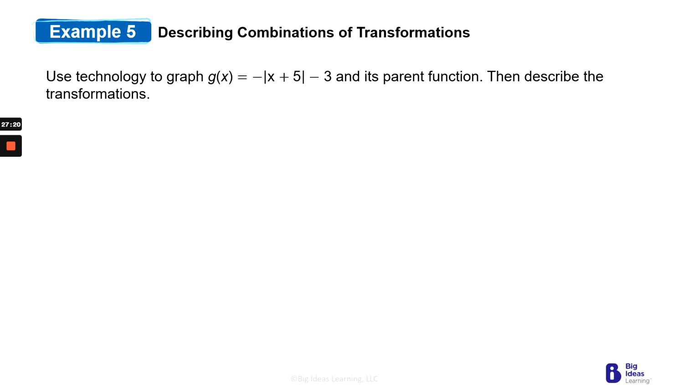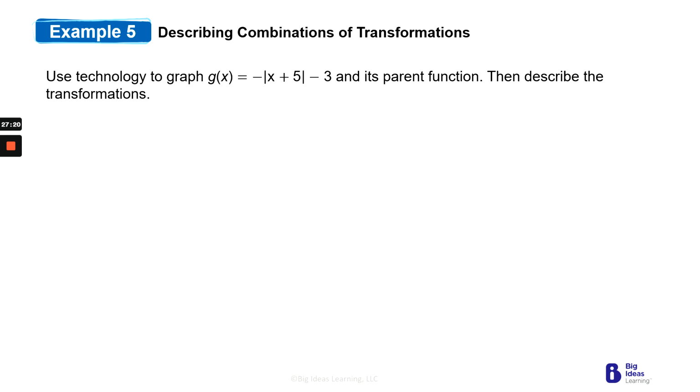I also want to graph the transformation function that they gave me in example 5. So I'm going to go down to y2, and now we're going to type the function they gave me. So it has a negative out front. That negative is down here next to the decimal sign at the very bottom, next to enter. We're doing absolute value again.